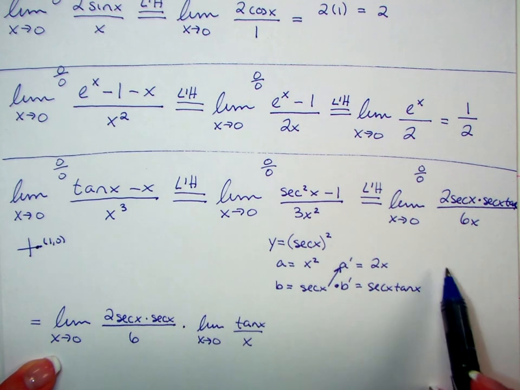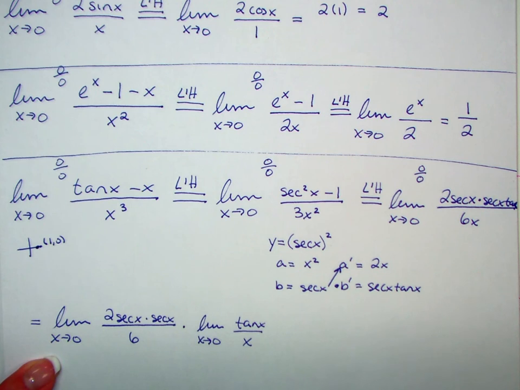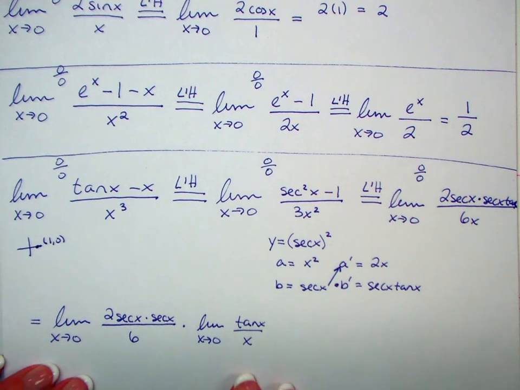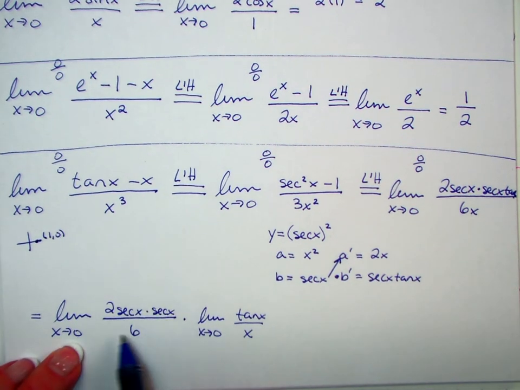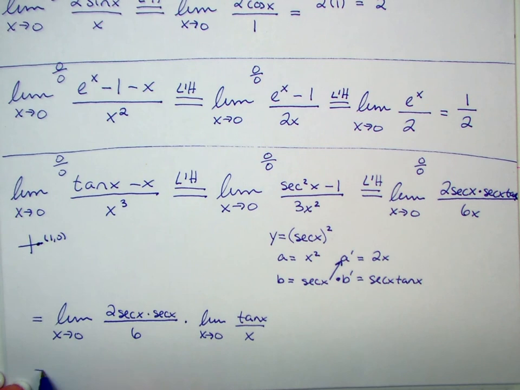Okay, so I'm just splitting this product and doing the limit into the product of 2 limits, right? The limit of a product is the product of the limits. It's one of those limit laws that we went over. So if I let x go to 0 here for this limit, secant of 0 is 1, and so we're going to get 2 over 6, which is basically 1/3. We're going to get 1/3 for this limit here.